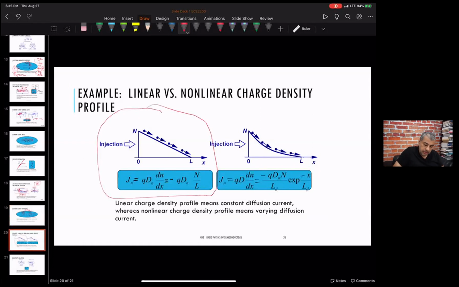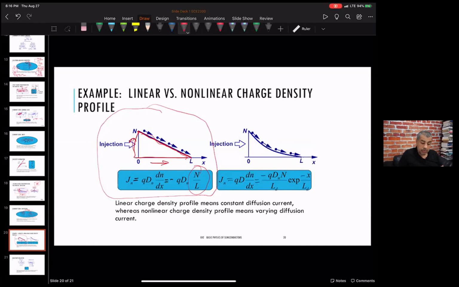It's saying that in the case where you have a uniform charge profile, the change in n with respect to x for this is just n divided by L, and minus n divided by L. So in the case where you have a uniform change in distribution, you just plug in n over L, which is the slope of this uniform line, and you end up with minus q D n over L. So in this particular example, that's the current density.